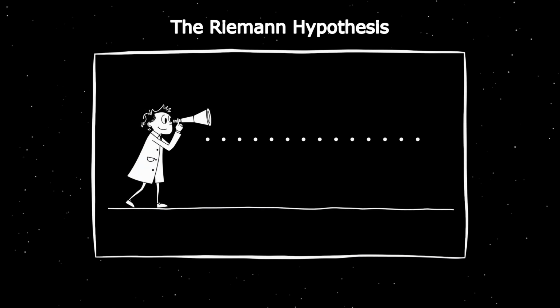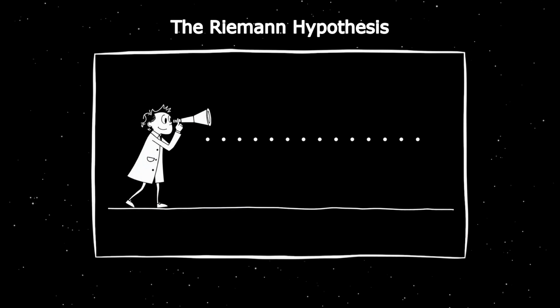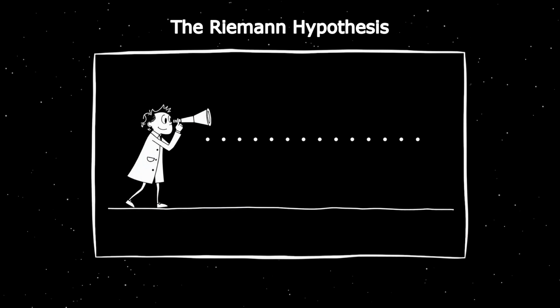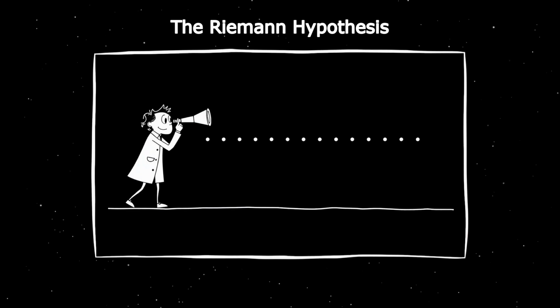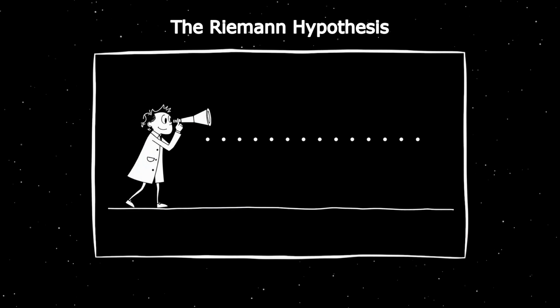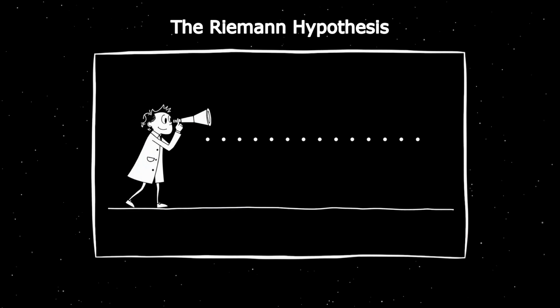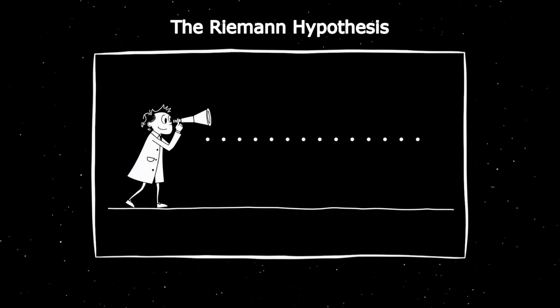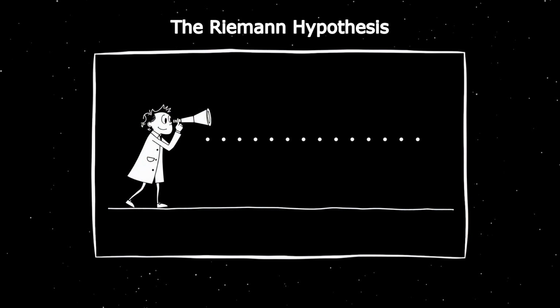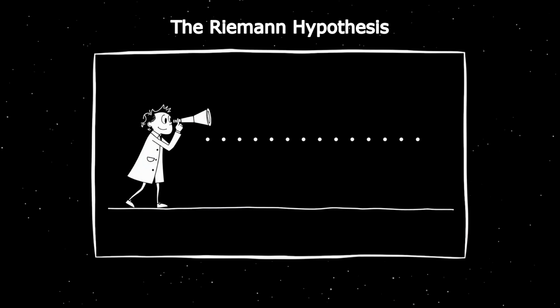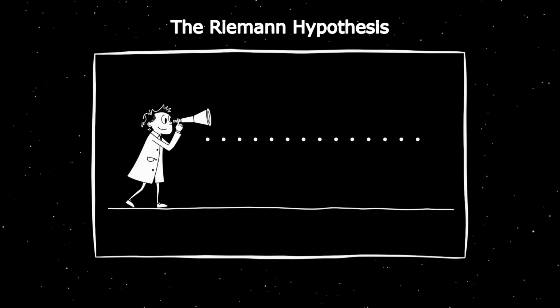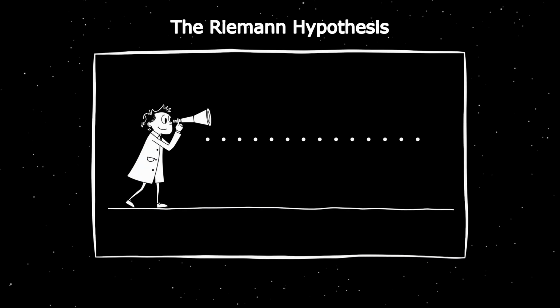As discussions about this legendary hypothesis continue, it embodies the spirit of mathematics: curiosity, creativity, and the relentless pursuit of truth. Whether through deep theoretical investigation or computational exploration, the journey toward resolving the Riemann hypothesis is one of excitement and discovery.